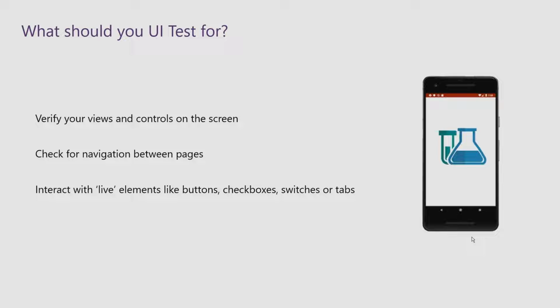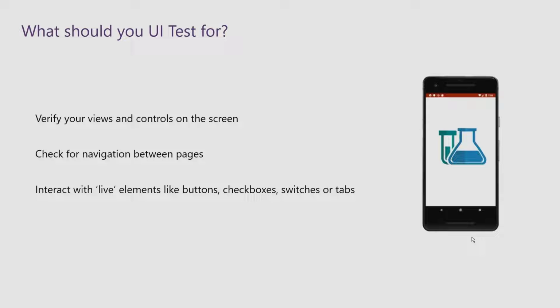You will also want to check the navigation between pages, and also make sure that some of your live elements are working. Something like if you have a button that handles some visibility on your page, you ensure that the other part is also displayed.